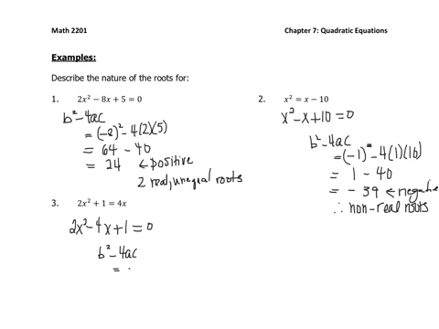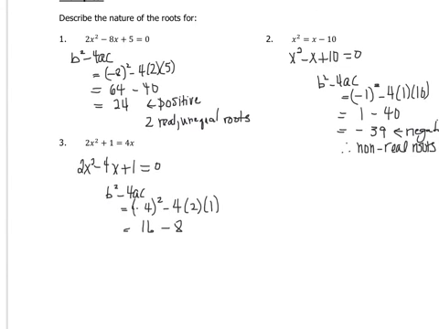We get negative 4 squared minus 4 times a, which is 2, and c is 1, which would be 16 minus 8, which again would be a positive. So therefore there would be 2 real and unequal or different roots.